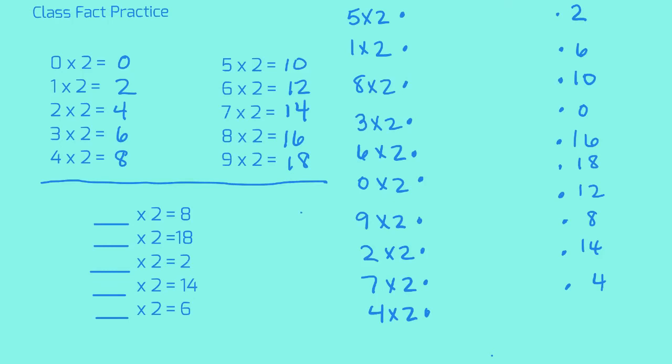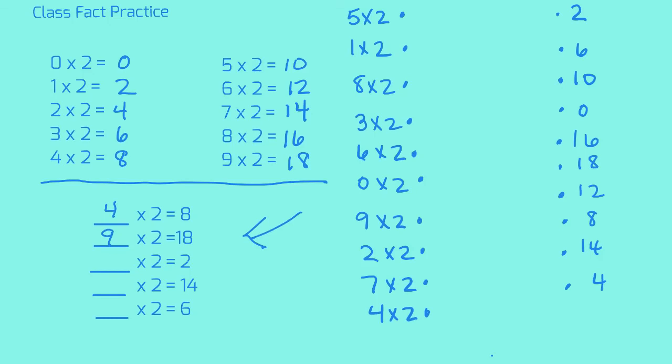Okay, and on the bottom section here, we have to fill in the empty factor. So what number times 2 equals 8? Get ready. 4. What number times 2 equals 18? 9.